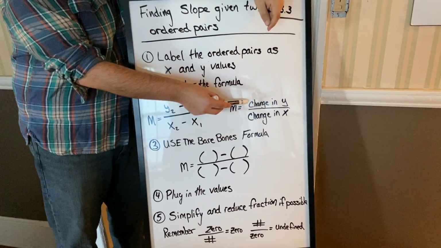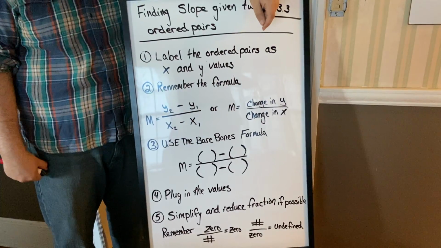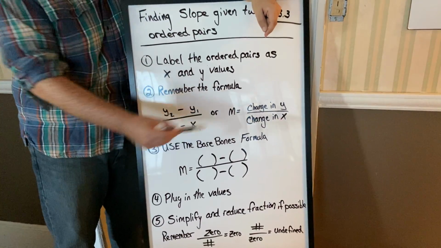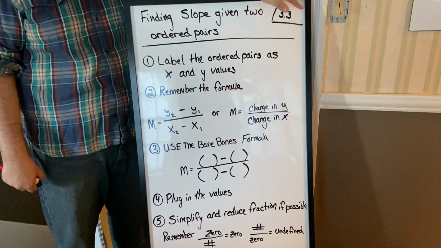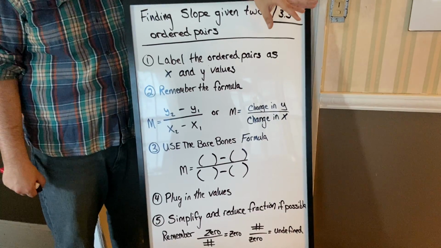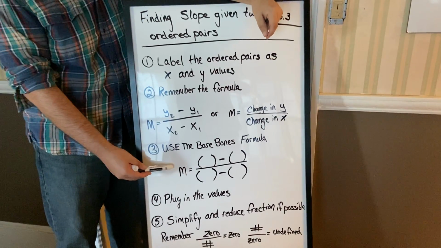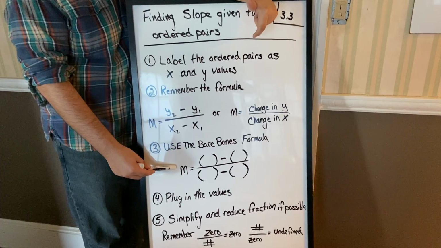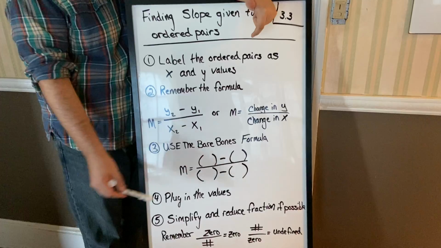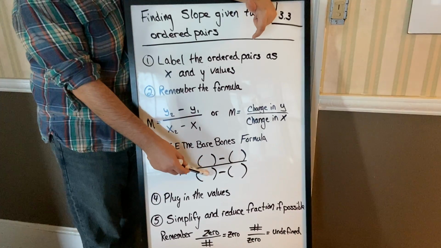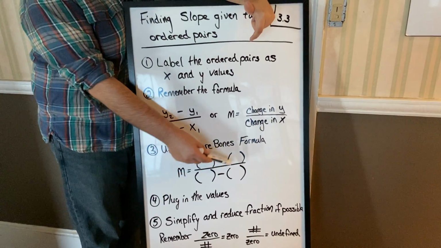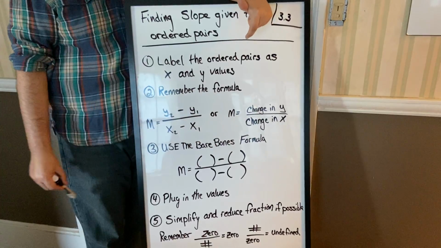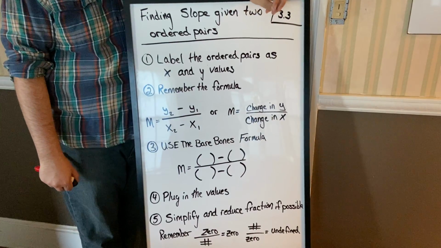So what we're going to do is just subtract my y values and then subtract my x values. Once you do that, then you're going to reduce that fraction. Okay? So I like to use this bare bones formula. The reason why is because sometimes our y's might be negative numbers or our x's might be negative numbers. When you have a lot of negatives, you might lose their signs.